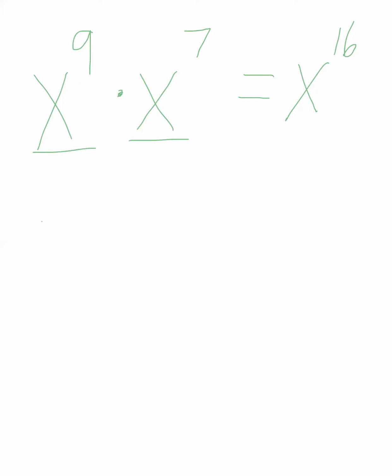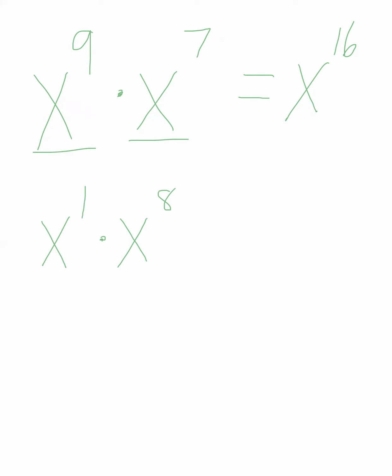Here's one that does confuse kids an awful lot. If I did something like x times x to the, I don't know, 8th. A lot of times kids don't know what to do here. Well, what is the exponent right here? Hopefully you're saying to yourself, it's a 1, right? There is always a 1 there. We just never write it.